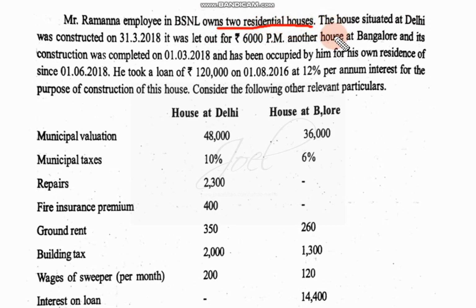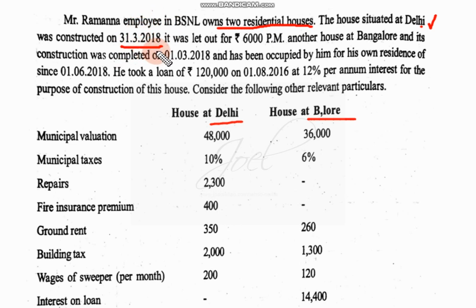One house is situated at Delhi. See, first house is situated at Delhi. Second house is in Bangalore. Now about the Delhi house, information is given. It was constructed on 31/3/2018.